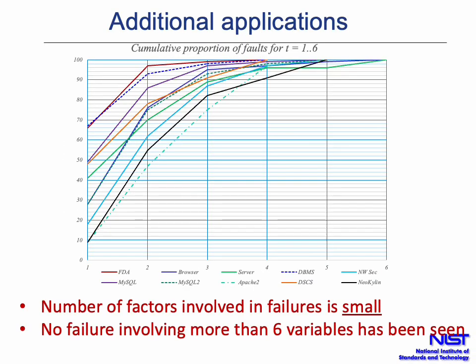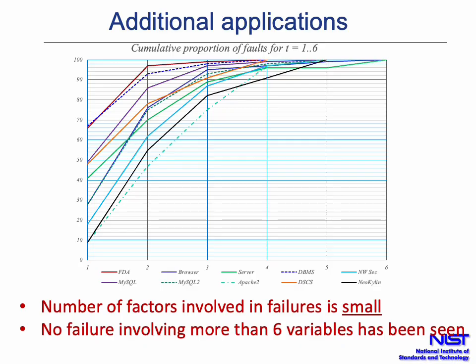Other researchers have looked at the fault distributions for different applications as well, and we've added a few of those into this slide. And as you can see, the number of factors involved in failures is small. So based on what we have looked at and what others have looked at, we can say with a good deal of confidence that the number of factors involved in failures is typically one or two, with relatively few failures involving three or more.